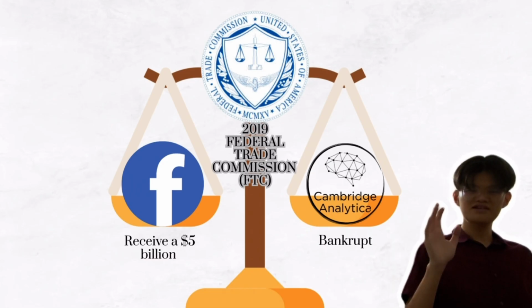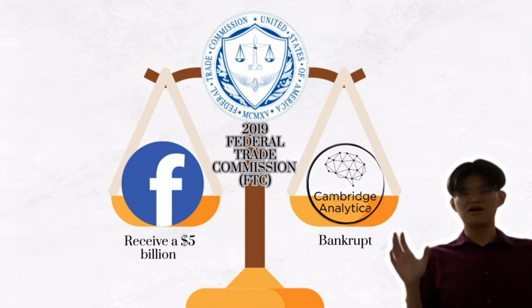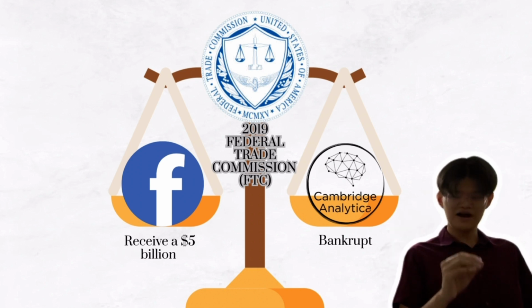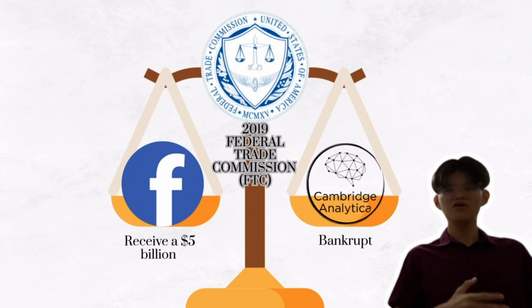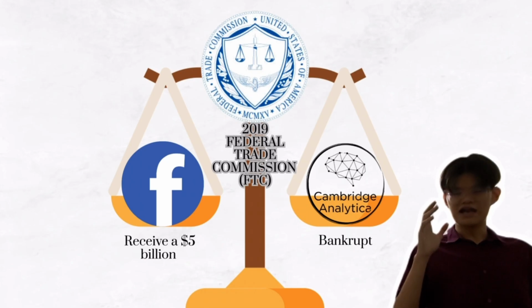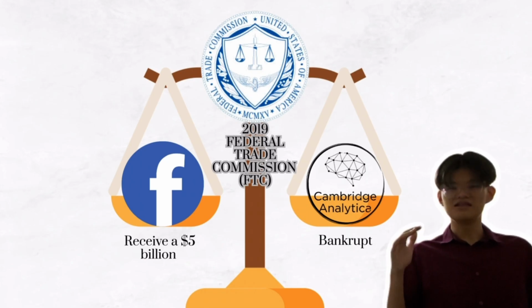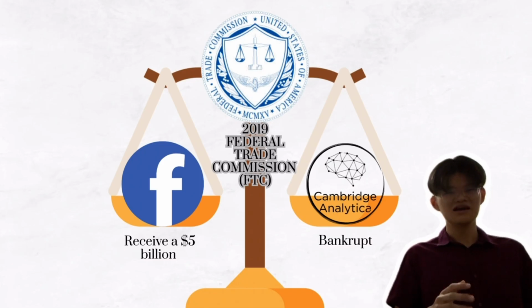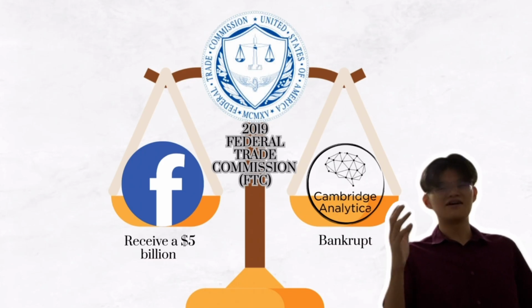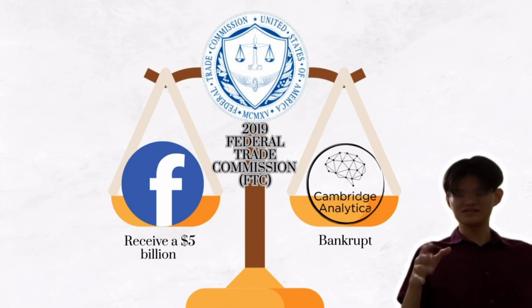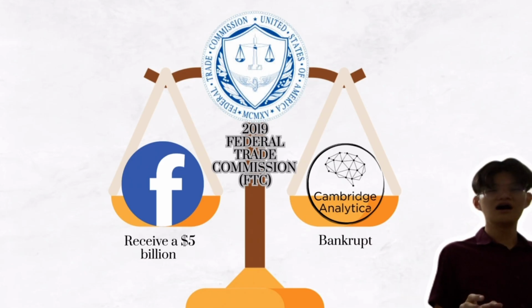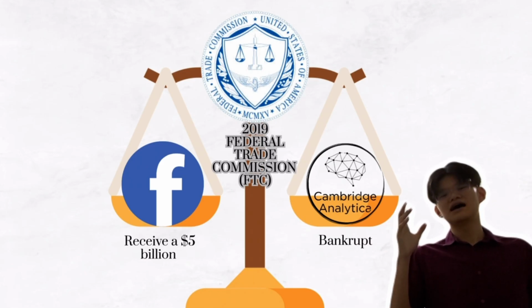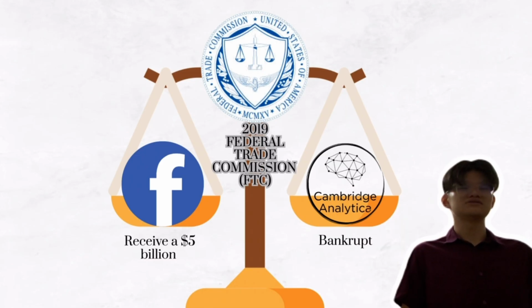In 2019, the FTC levied a record-breaking $5 billion fine against Facebook for its role in the privacy breach, and Facebook's market value plummeted by nearly 120 billion after the aftermath. As a result of the scandal, Cambridge Analytica filed for bankruptcy and ceased operations.